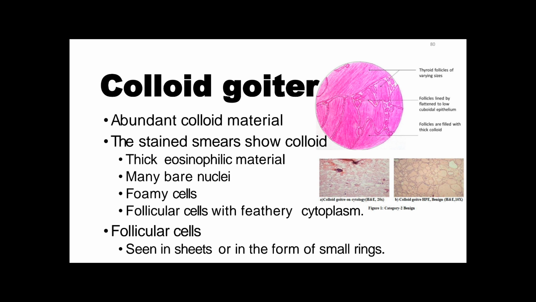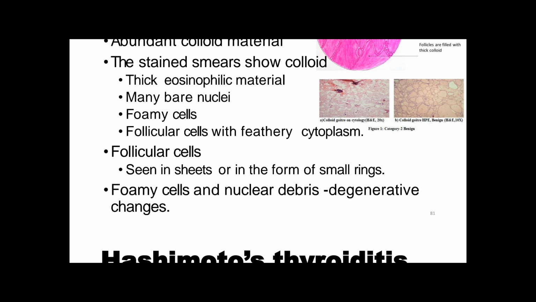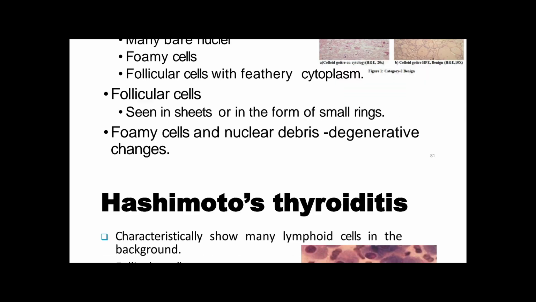Here you can see the picture. Follicular cells are seen in sheets or in the form of small ring-like structures, with only bare nuclei and nucleated debris due to degenerative changes.